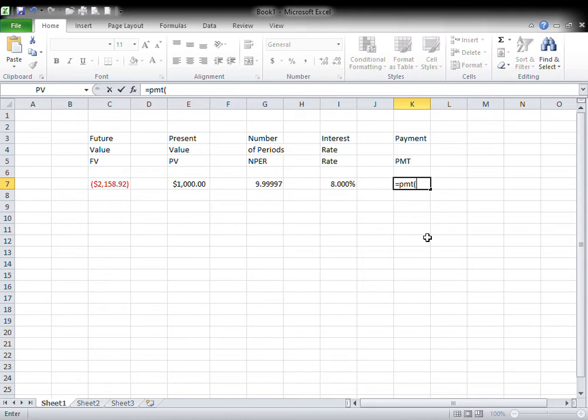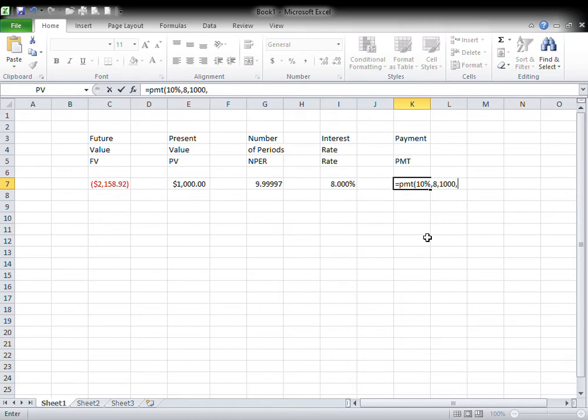Now, the rate we said was 10%. The number of periods was 8 years. And the present value is the value of the loan, which is $1,000, which we'll leave as positive.